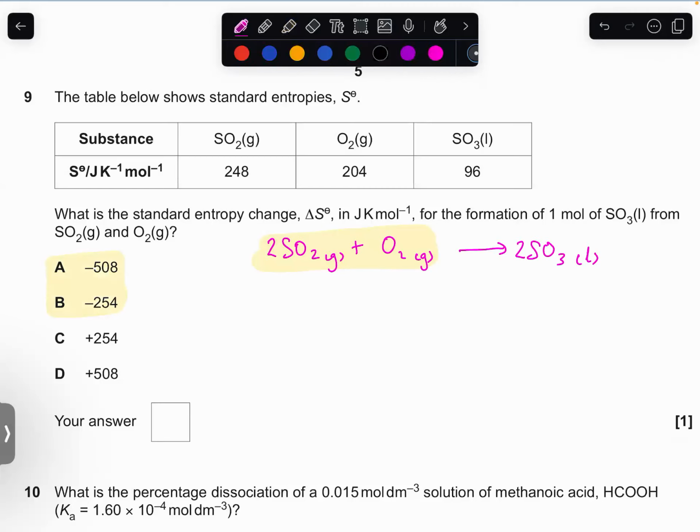Now let's do the calculation. The calculation for the entropy change is always the products minus the reactants. So the products is going to be 2 times 96, minus 248 times 2, and we've got an oxygen.